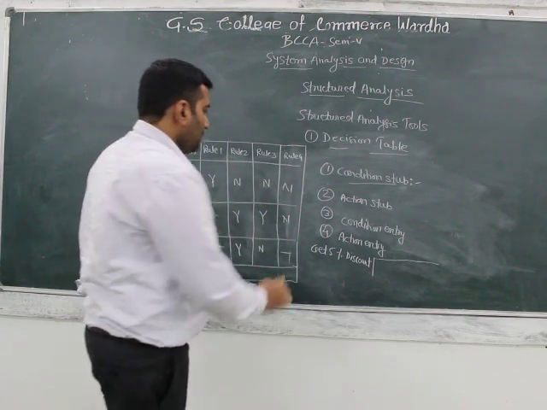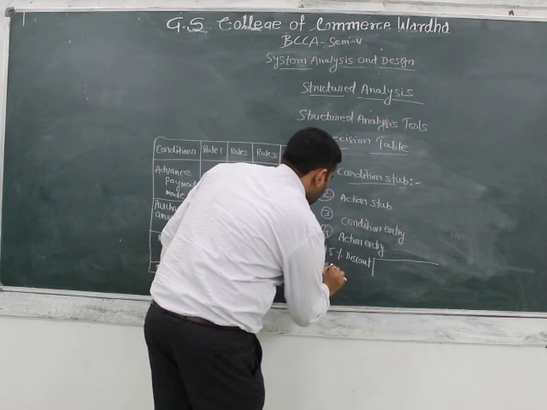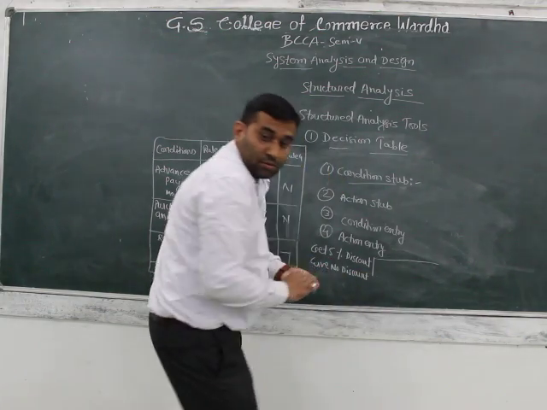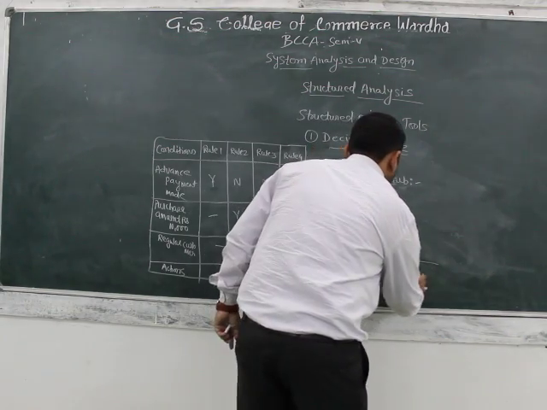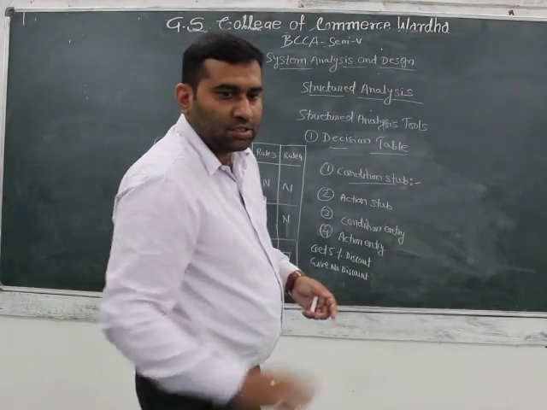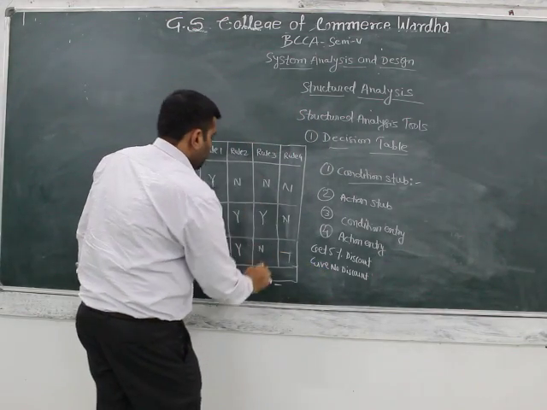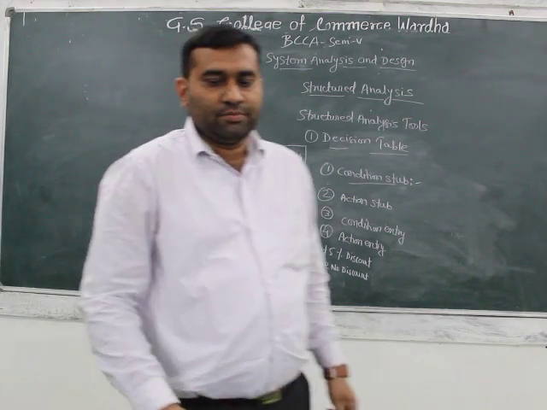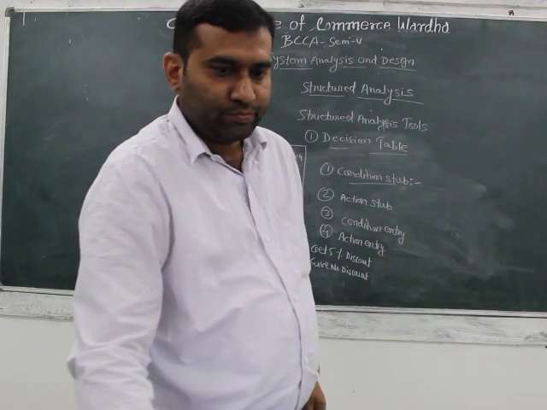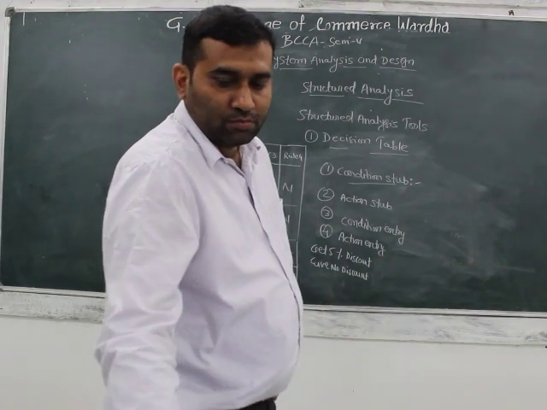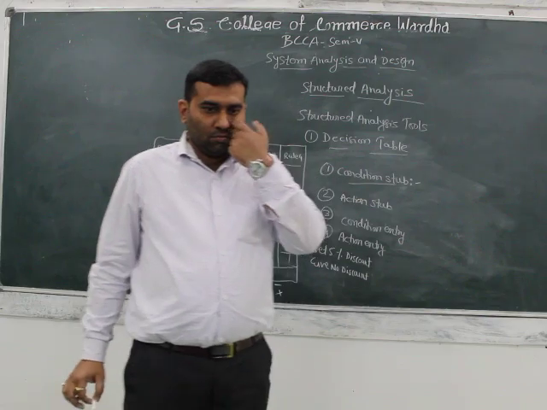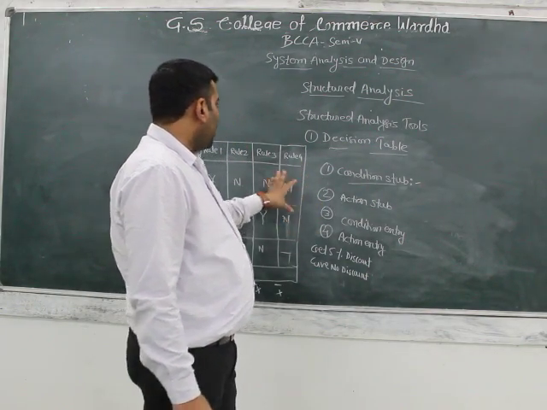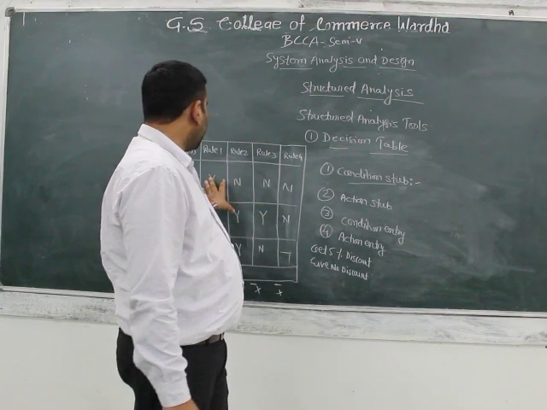Give no discount. It is possible in rule 3 and rule 4. In this way, the decisions are shown in the table format.